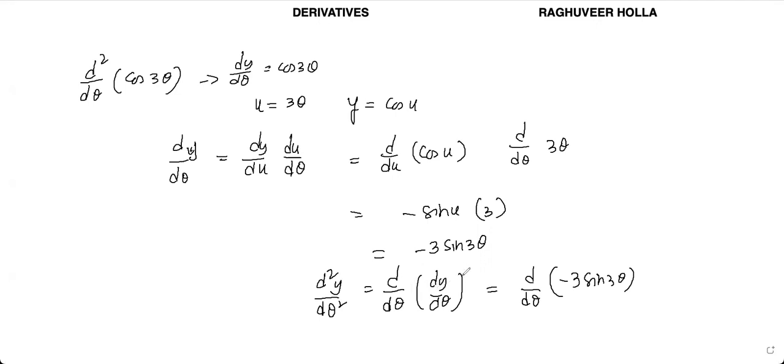Again, applying the chain rule, considering u as 3 theta and g as minus 3 sine u.